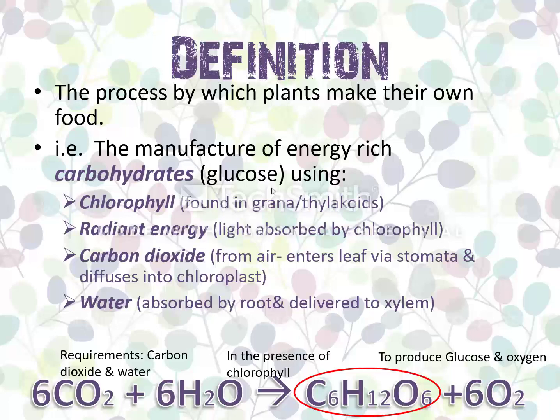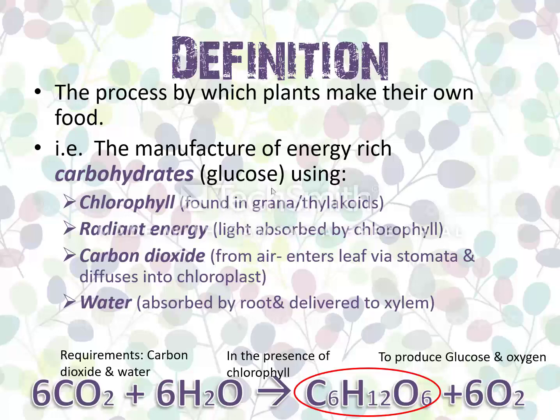So we rather use the definition: the manufacturing of energy-rich carbohydrates by using chlorophyll, radiant energy, carbon dioxide, and water to produce glucose. Or it already says the manufacture of glucose in the beginning. Okay, so essentially it is the production or manufacturing of glucose which is used as energy by a plant.